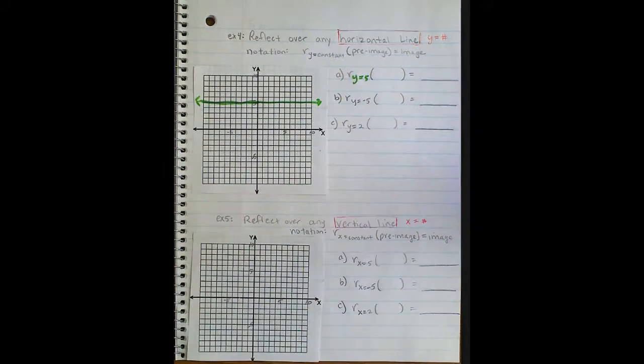That's my line of reflection. Because no matter where I am on that line, the value of y is always 5. So let's choose 3, 4.